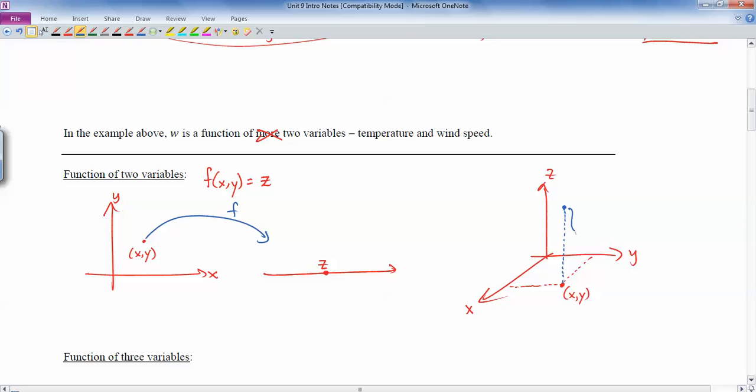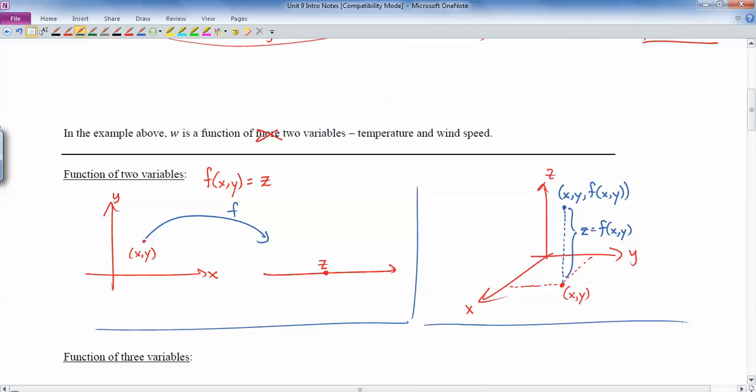So this right here is your height, z equals whatever you get when you plug in x comma y. And then this coordinate right here is really x, y, and then whatever you get when you plug those in. So both this side here and this side here are different ways of representing a function of two variables.